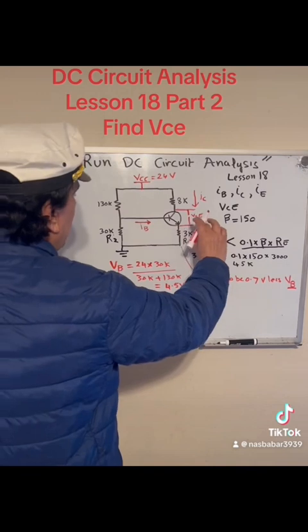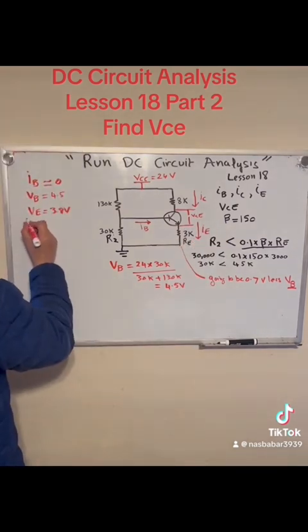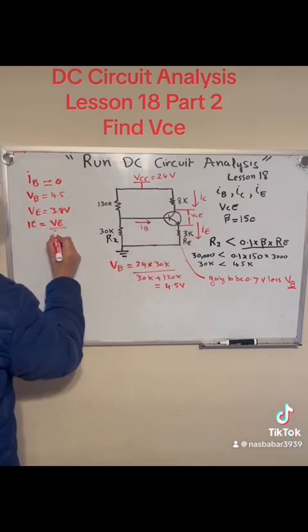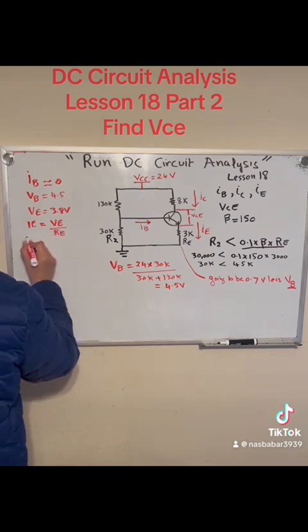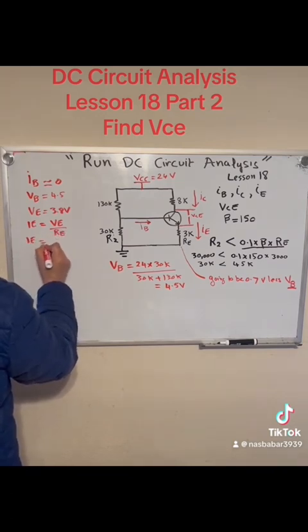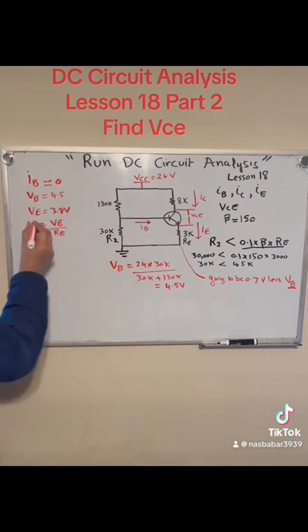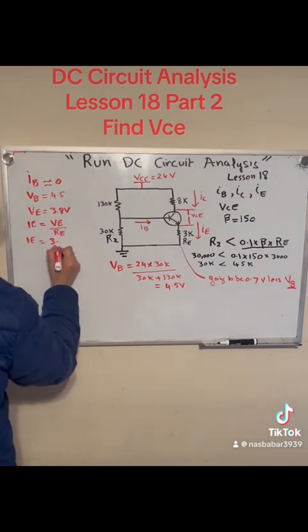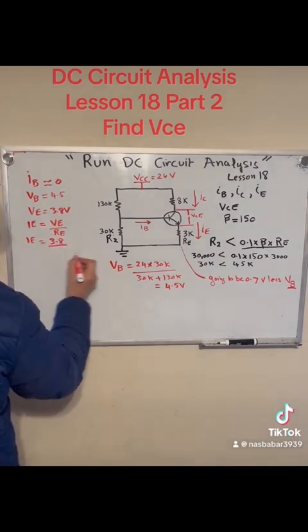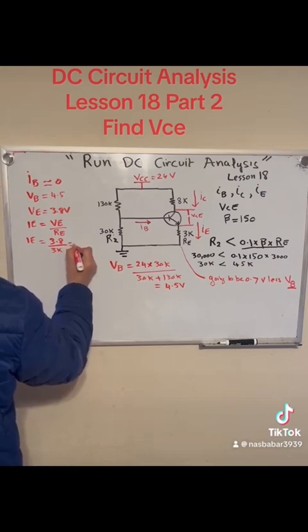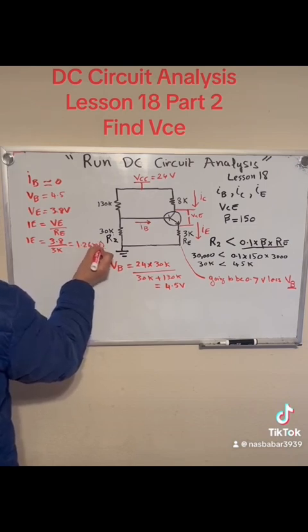So I sub E is equal to V sub E over this resistor, 3K, which is R sub E. V sub E, I calculated, is 3.8 volts. 3.8 divided by 3000 ohms, and if I solve that, I get 1.26 milliamps.